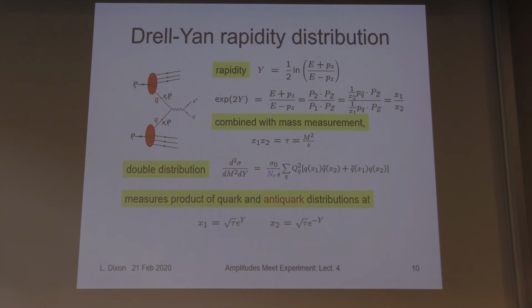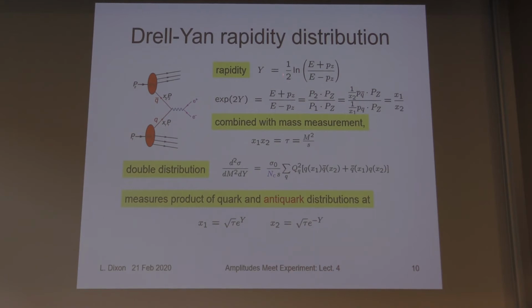And to construct something that has good boost properties along the z-axis, this combination E plus pz gets multiplied by a factor, which is something like gamma 1 plus beta. And this one gets multiplied by the same factor, gamma 1 minus beta. So anyway, this has a nice shift under boosts along the z-axis.